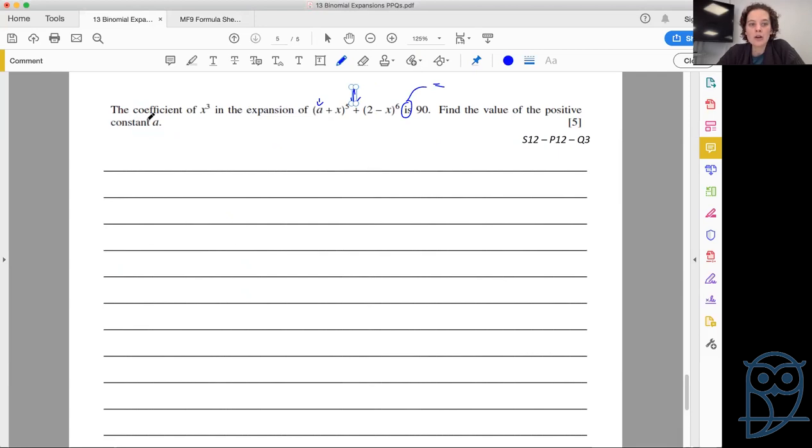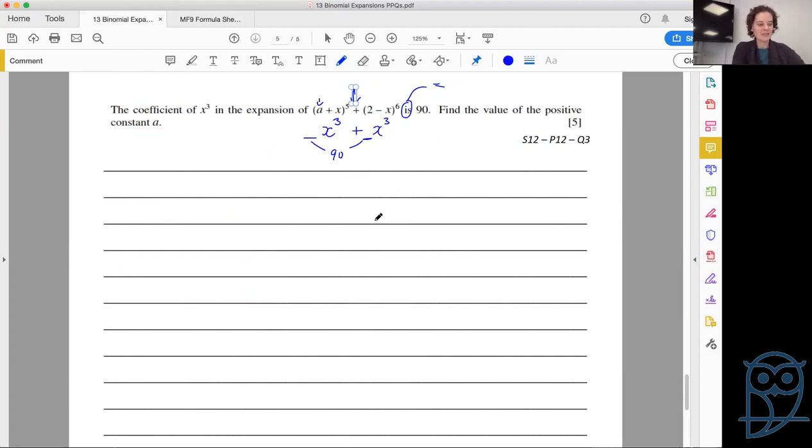So we would need the coefficient of x cubed. We would need an x cubed term from here plus an x cubed term from here, and then we would look at the coefficients and add them to 90. So take a little bit of time, understand the question, translate it a bit before you go for it.